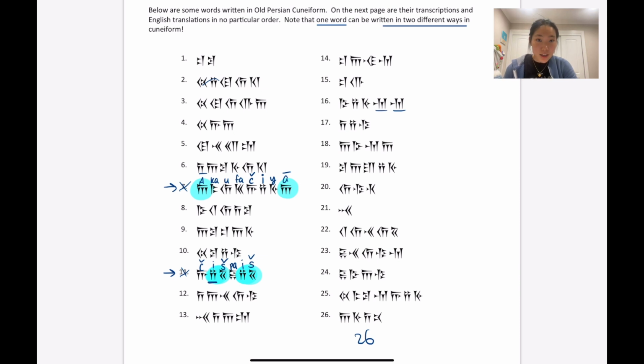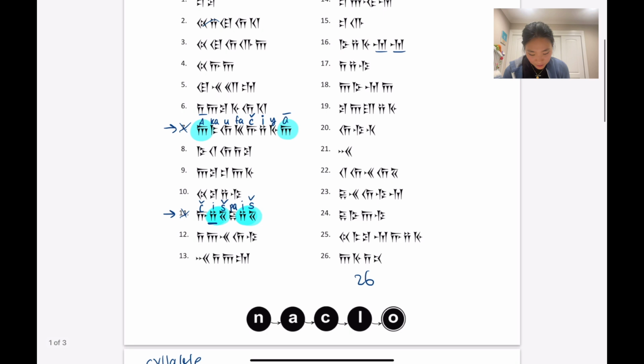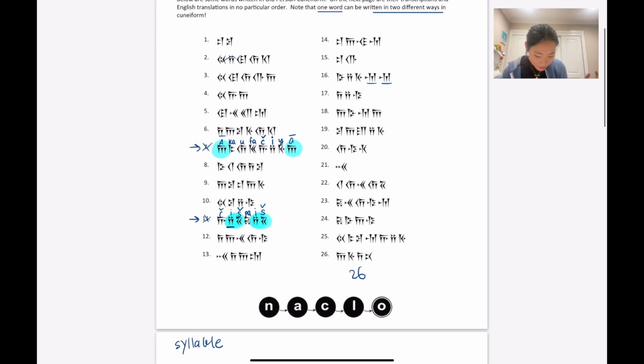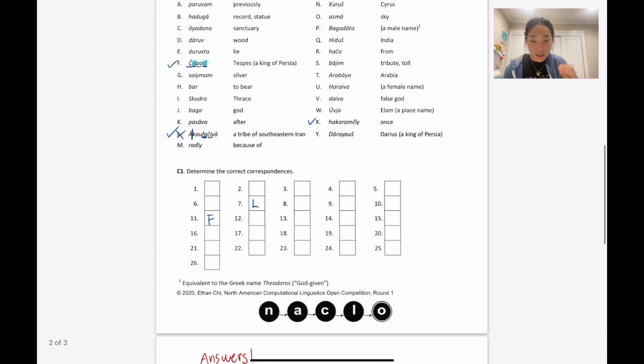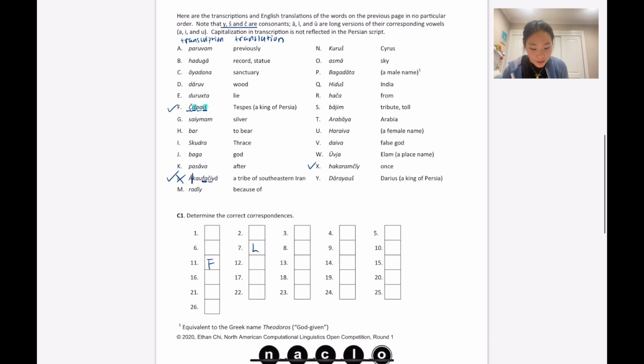But again, the easiest way to continue from here on out is to start looking for patterns that are similar. I'm going to start off by looking at some of the longer ones just because they seem more fun, and if I can get the longer words out of the way, I can get more syllables that I can start pattern matching with, which is pretty nice.